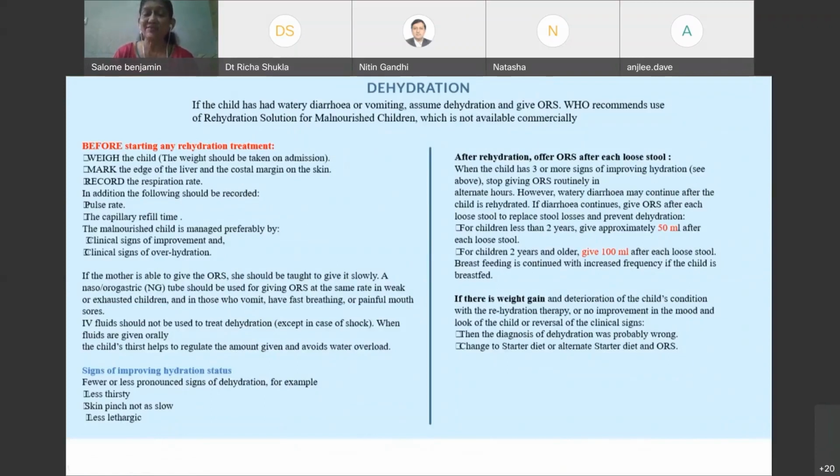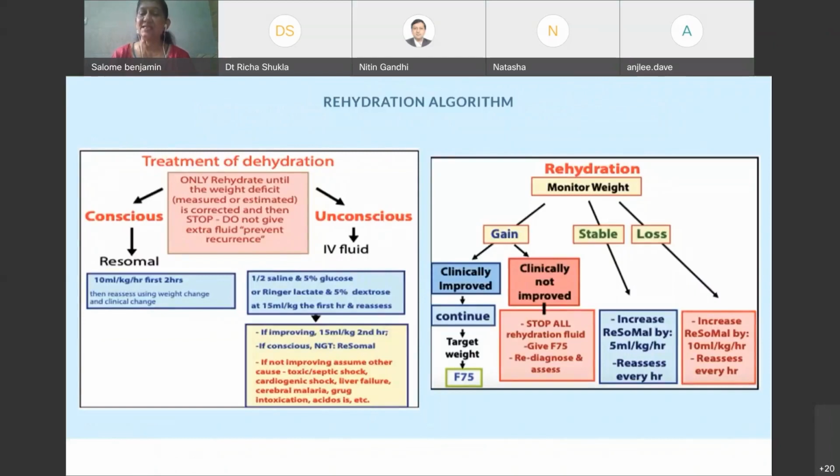After giving the ORS, if the child starts gaining weight, even if it is 5% or 10 grams or 5 grams, it's a good sign. Then you can start your different formulas, F75, F100, or if the appetite test is done. We'll just see the diagram here for rehydration, how it is done. This is all there.